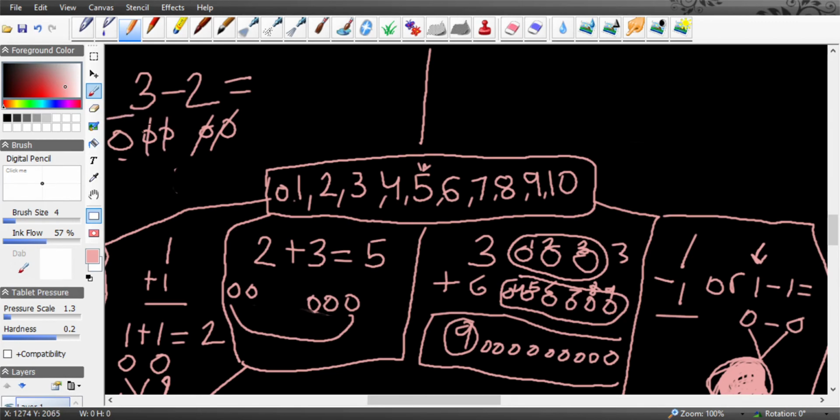And this is how much we're left with. You have one circle.